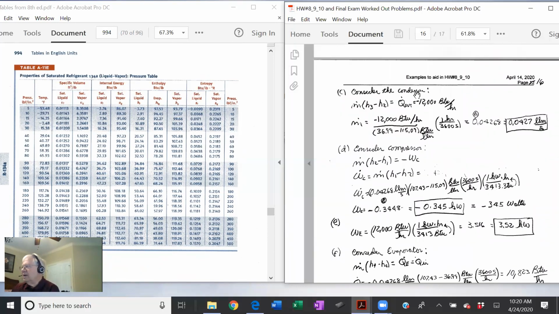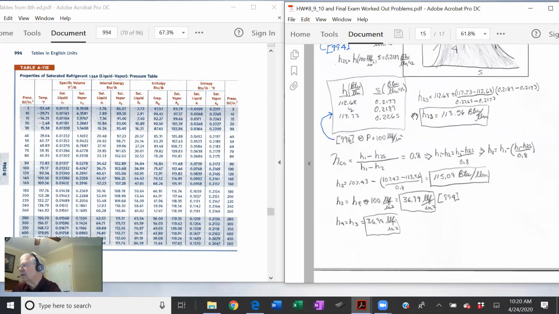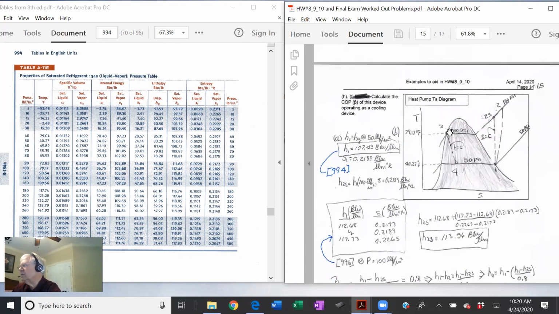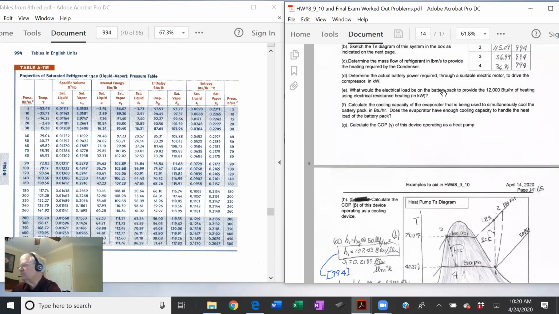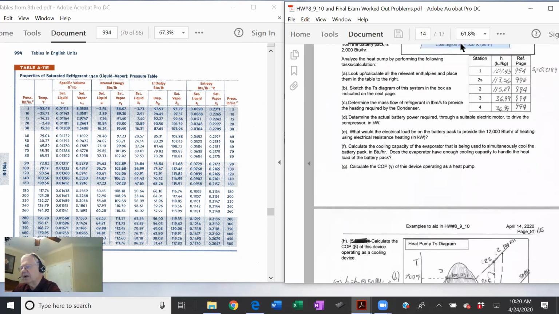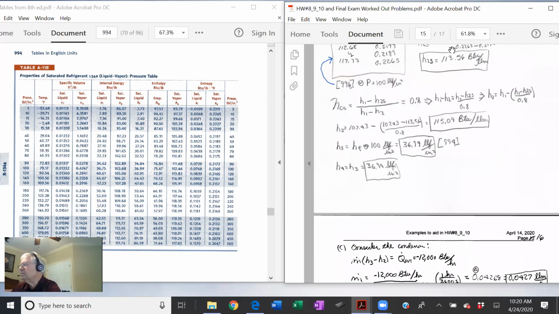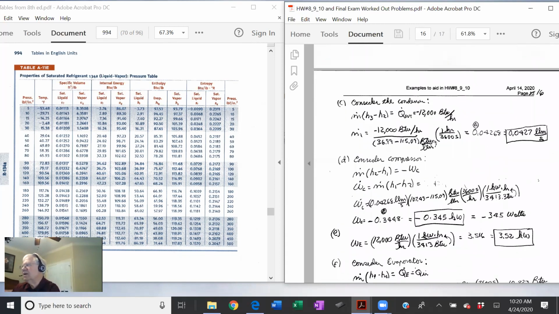Now we need to find the mass flow rate. So when it tells you to analyze the condenser, we know what heat transfer we want is 1200. That's the design point. Out the hot part, the condenser, and that's heat transfer out, so it's negative. I like to use the correct signs, H3 minus H2.